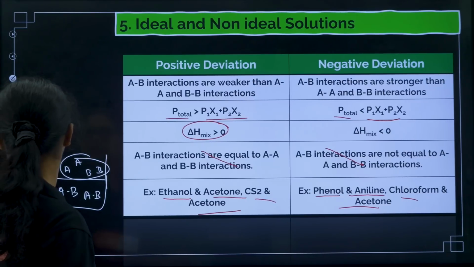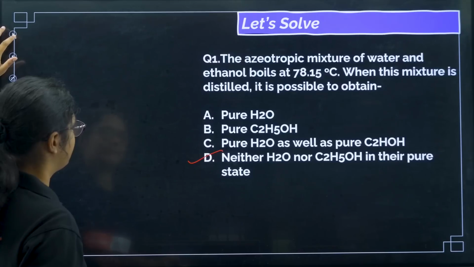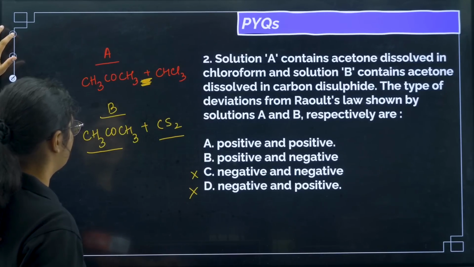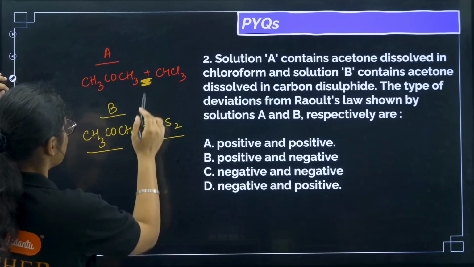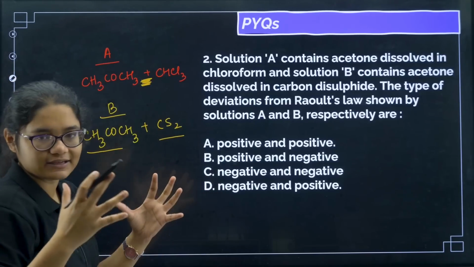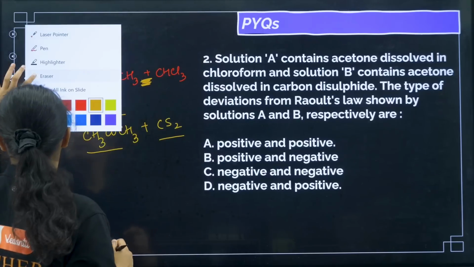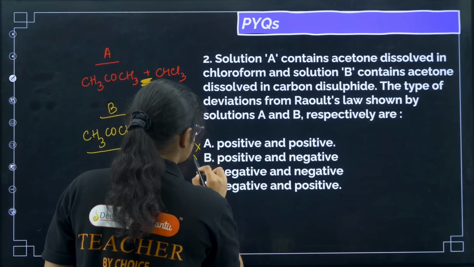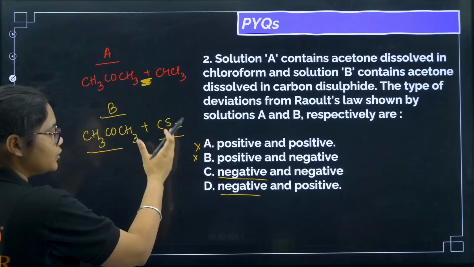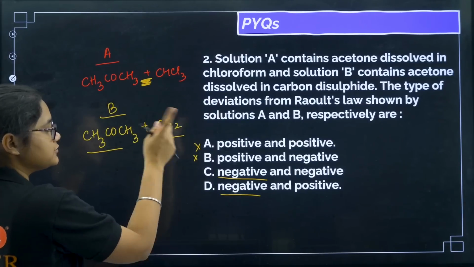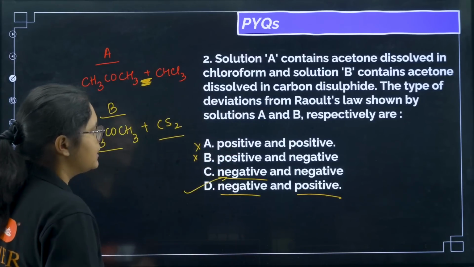I made a small mistake here. Now here there is very strong interaction, right? Very strong interaction means it will show negative deviation. So this first one will be negative deviation, and here there is no such interaction or only weaker interaction, so it will show positive deviation. The correct answer here is option D.